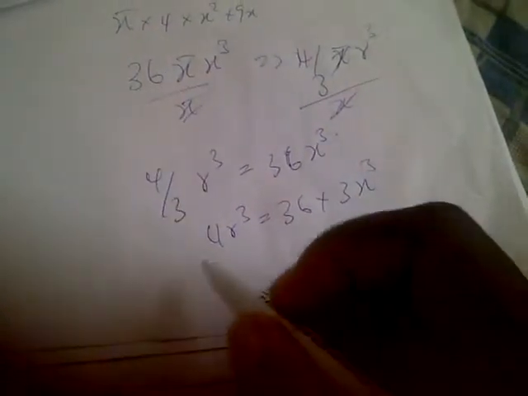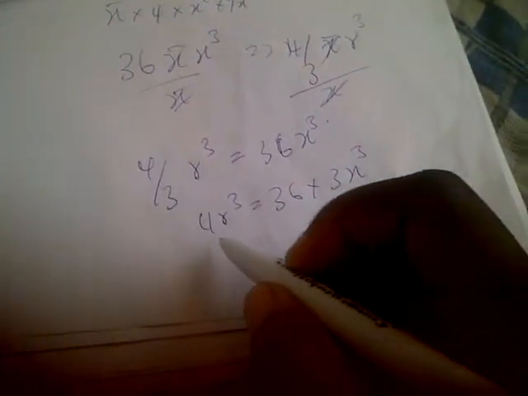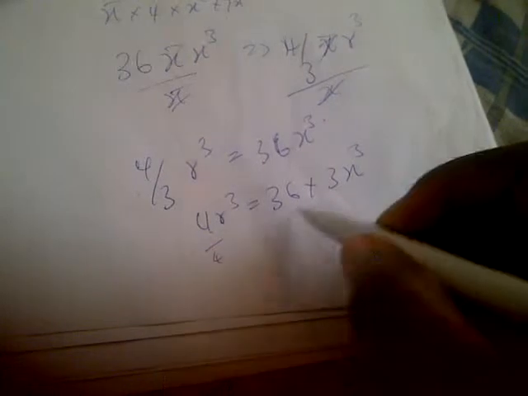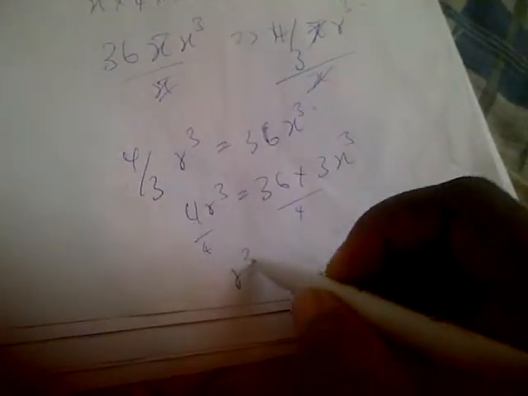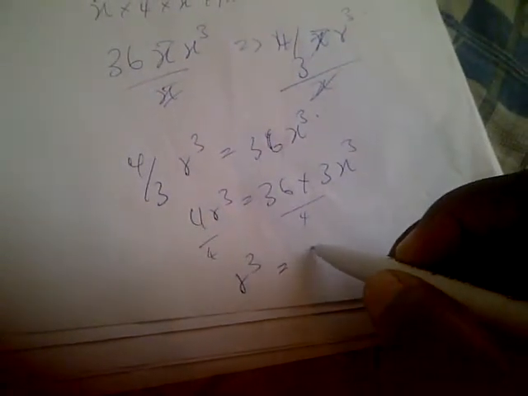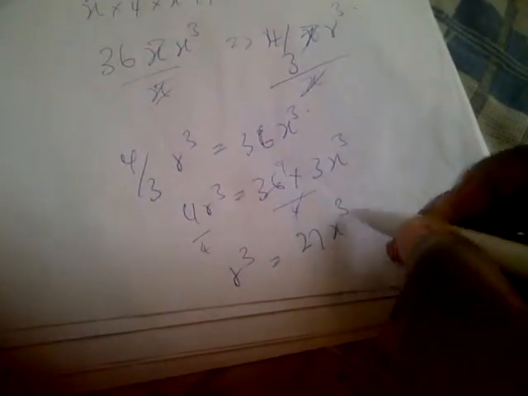Multiplying both sides by 3, you have 4r cubed is equal to 36 times 3x cubed. Then dividing both sides by 4, you have r cubed will be 27x cubed.